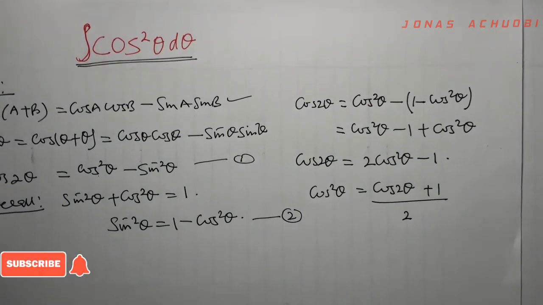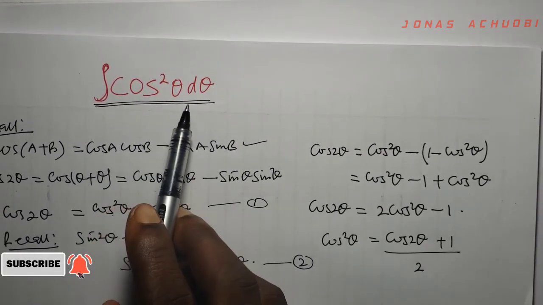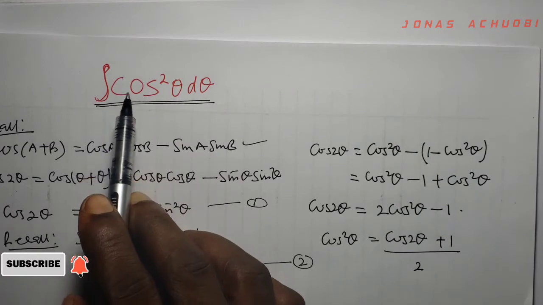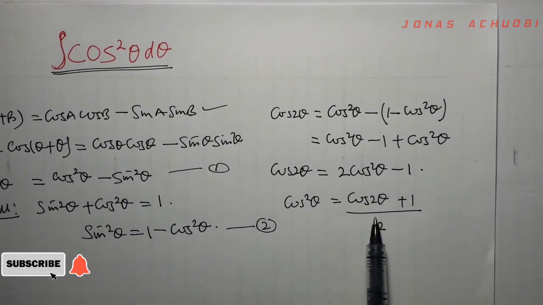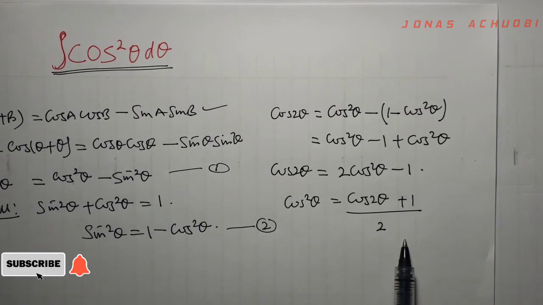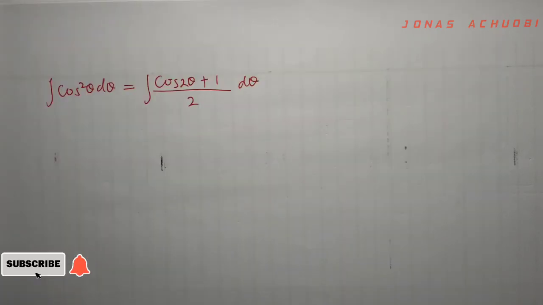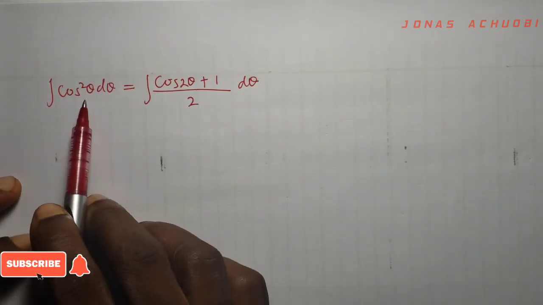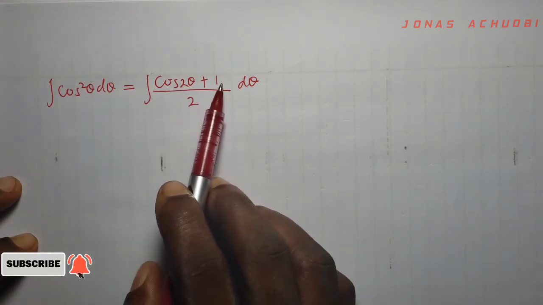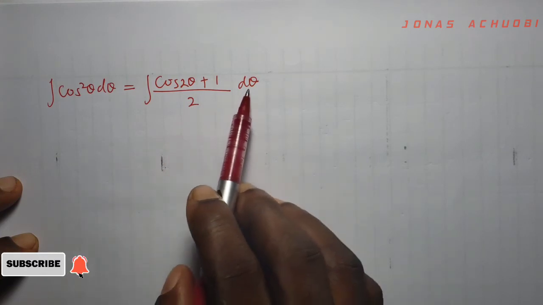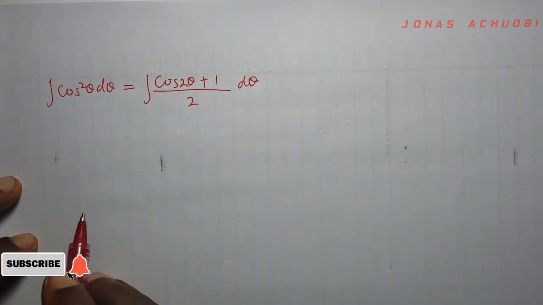So for this integration of cos squared theta d theta, we shall be replacing cos squared theta with (cos 2 theta plus 1) divided by 2. And we proceed as follows. So cos squared theta d theta now becomes the integral of (cos 2 theta plus 1) divided by 2 d theta. We now simplify this further.